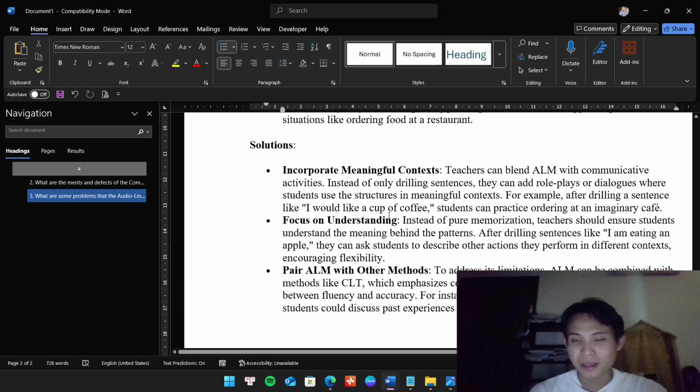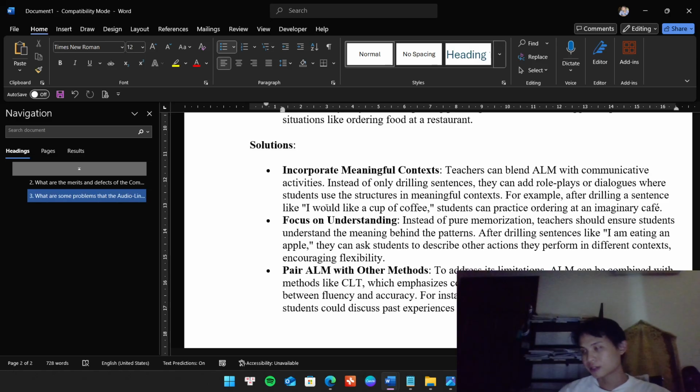After repeating one sentence multiple times, like "I would like a cup of coffee," the teacher can create a context at a coffee shop and ask students to team up or work in pairs to practice using the sentence "I would like a cup of coffee" with other students in class.